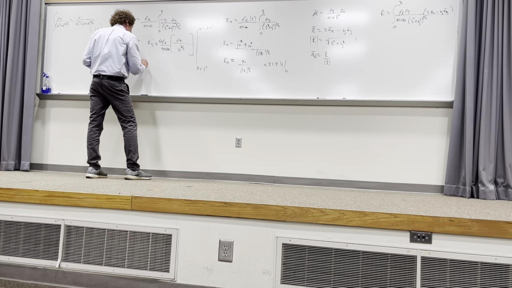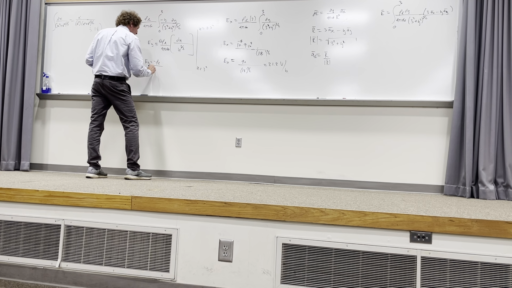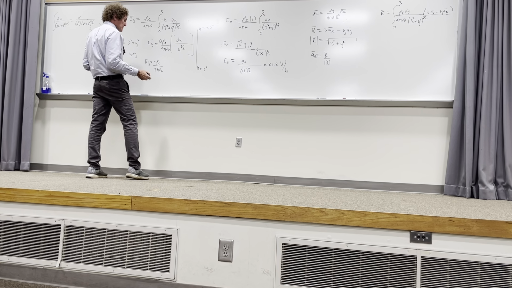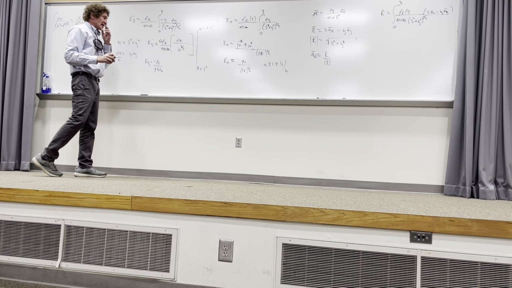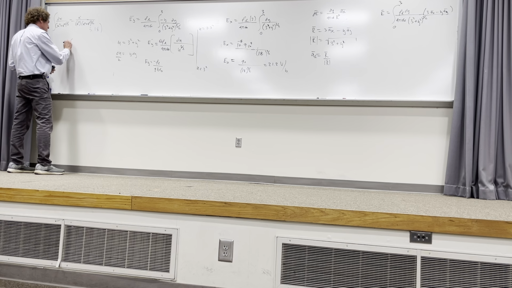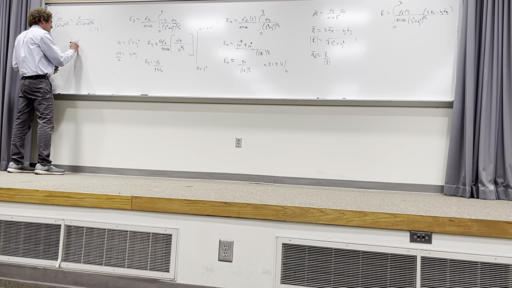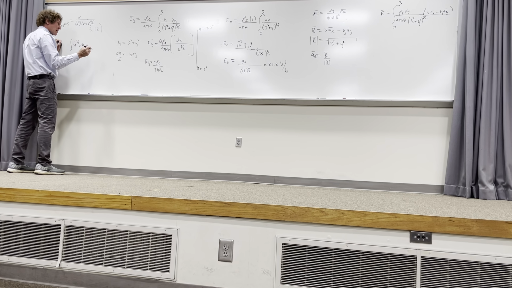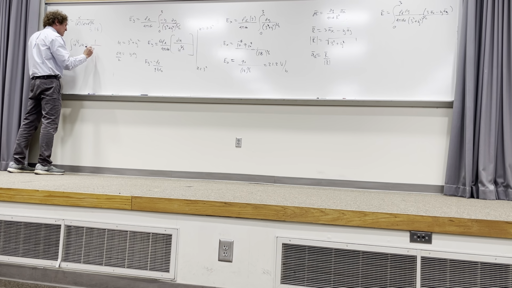That means Ey itself is going to be minus rho L over 4 pi epsilon naught. I almost feel like reversing the order on these. What happens when I integrate u to the minus 3/2 du? I get 1 over 1 plus minus 3/2, right?